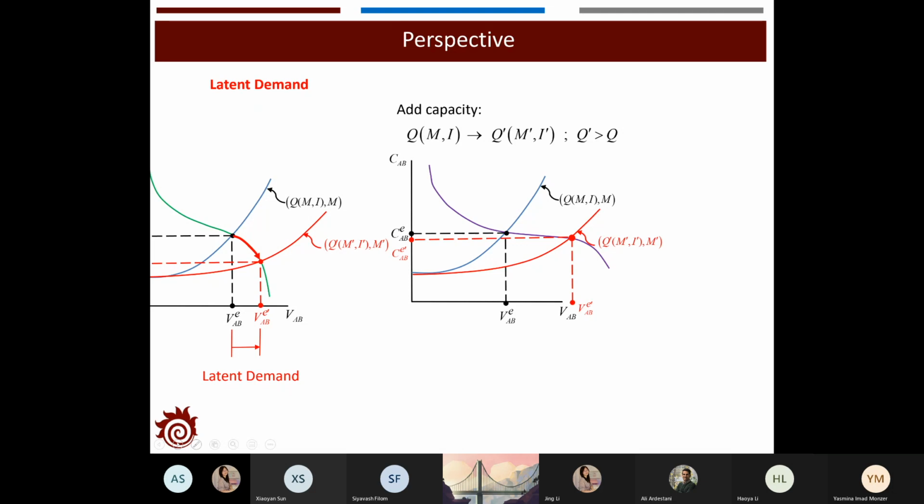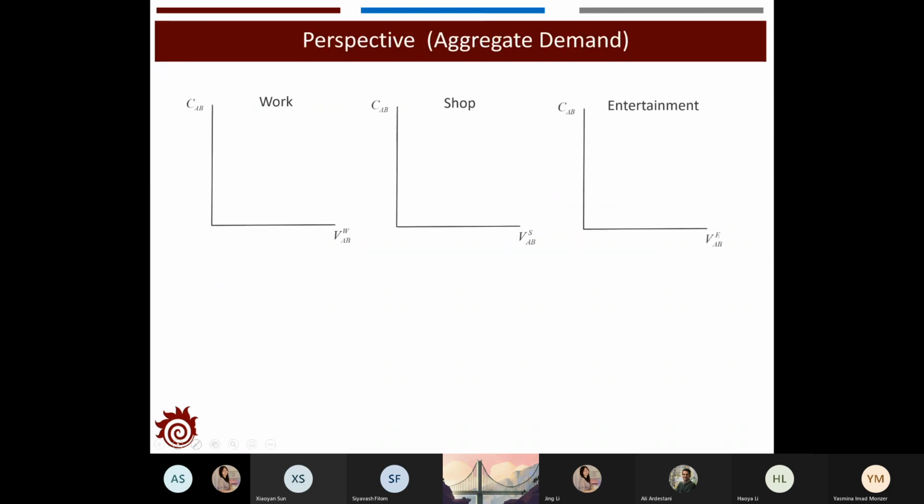So basically the amount of the latent demand is determined by the elasticity of the demand with respect to the price, or with respect to the cost. And here there will be some typical demand shapes applied for the different purposes of the trip in the transport system.